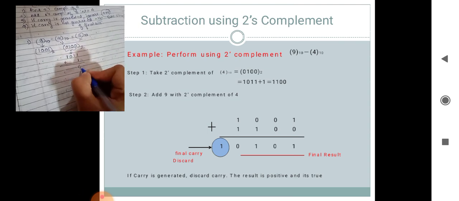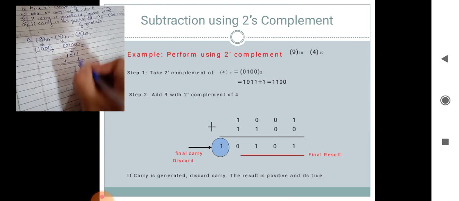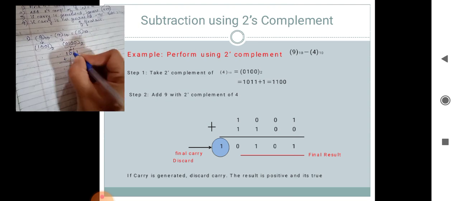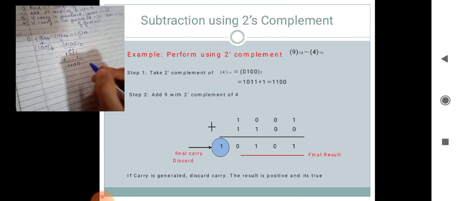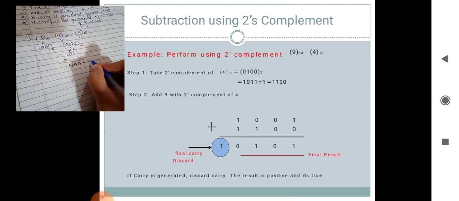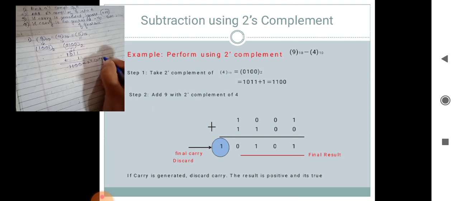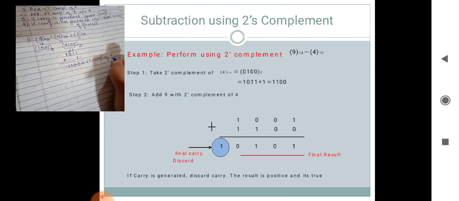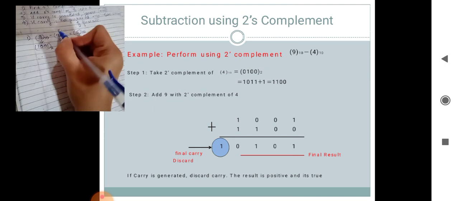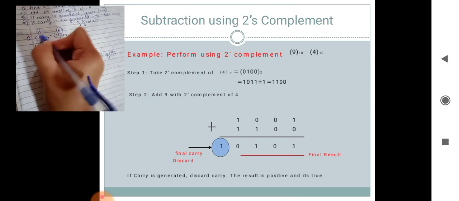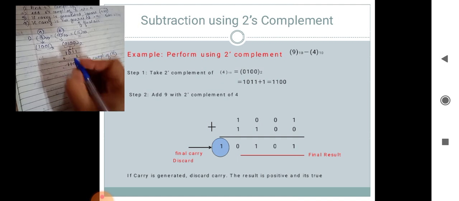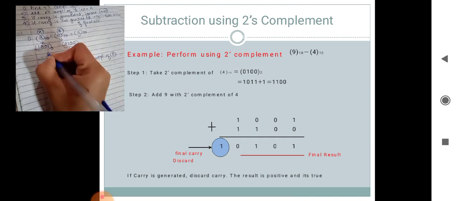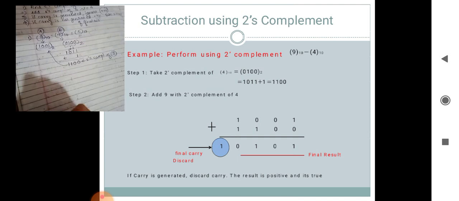So 1 plus 1 is 0, carry is 1. 1 plus 1, sum is 0, carry 1. 1 plus 0 is 1. This 1 will come as it is. So this is the 2's complement of B. B means 4. This is A. Right. Now we have to add this 2's complement with this A, that means 9.